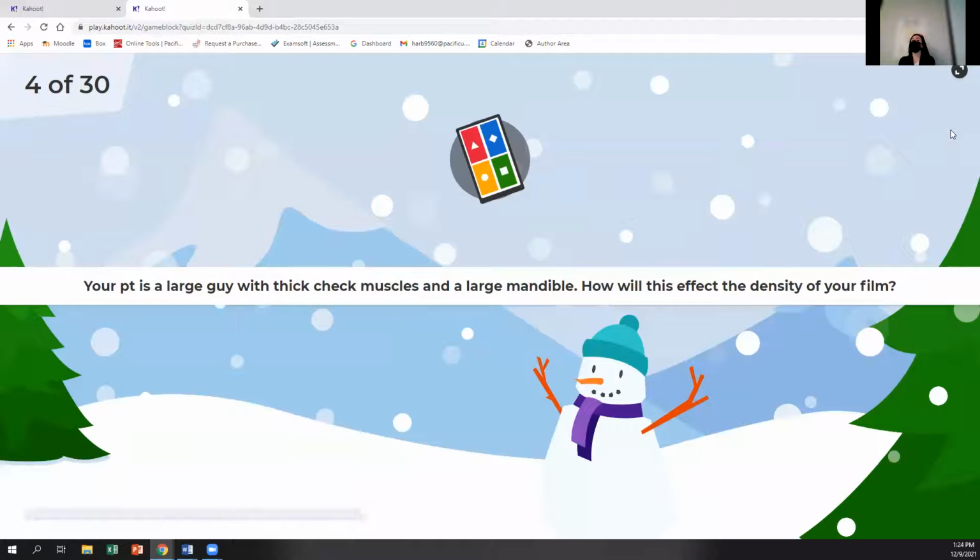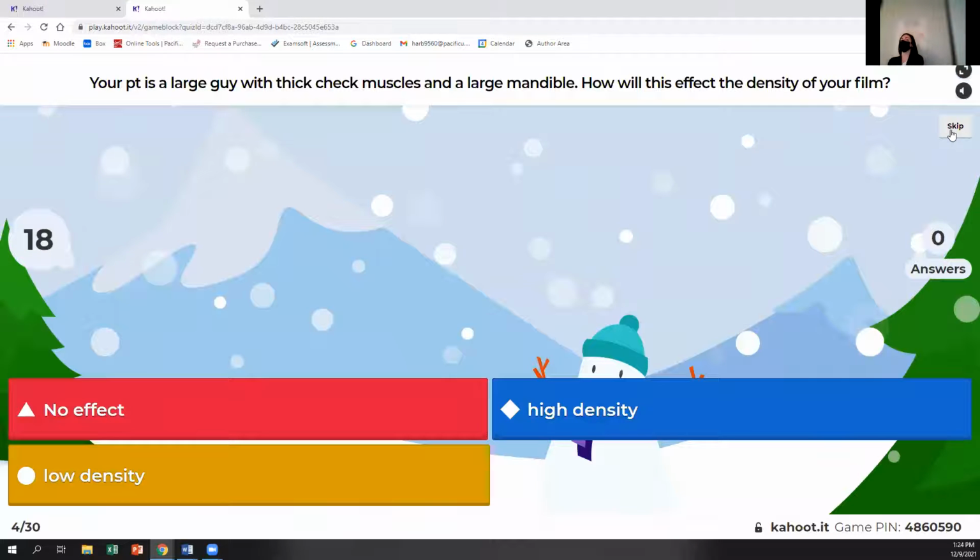Your patient is a large guy with thick cheek muscles and a large mandible. How will this affect the density of your film? No effect, low density, high density. It's tricky. I'm going with my best guess.